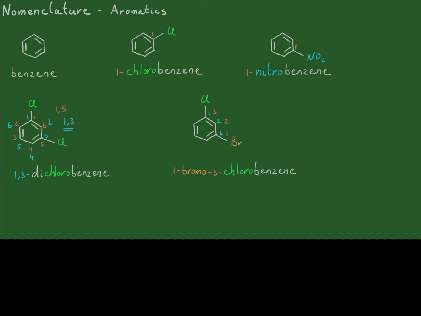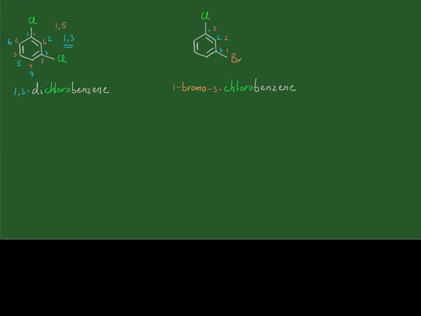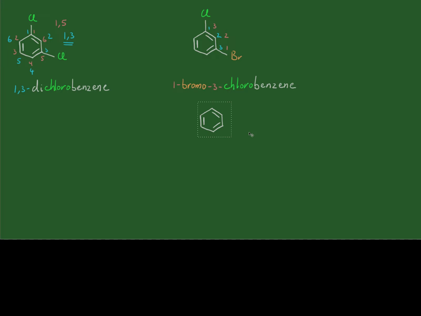All right, let's do another one. Here's the aromatic ring. And we can have a substituent here and a substituent here. So we'll make this nitro, and we will make this bromo. Once again, we need to number the carbons. We can start up here and say 1, 2, 3, 4.